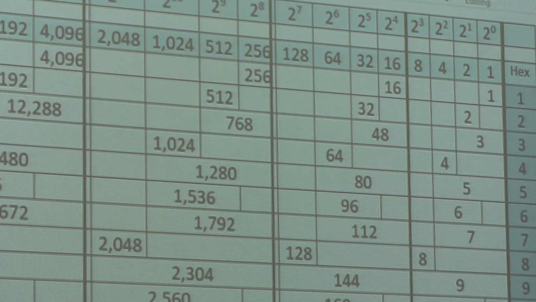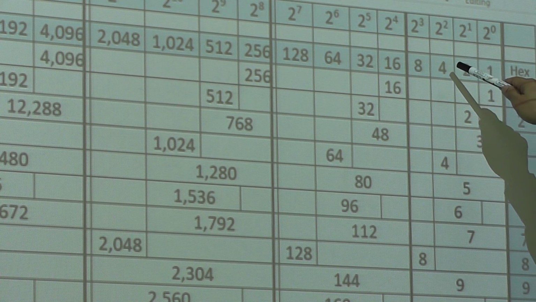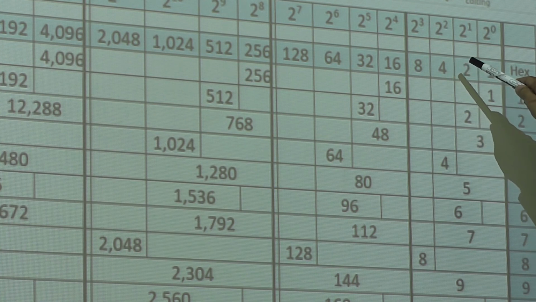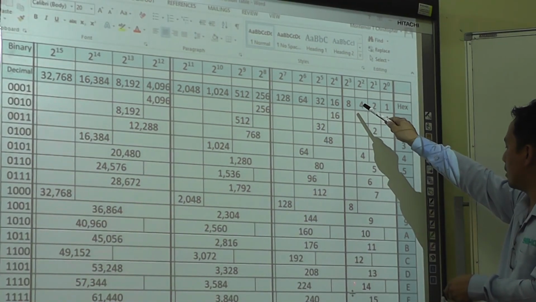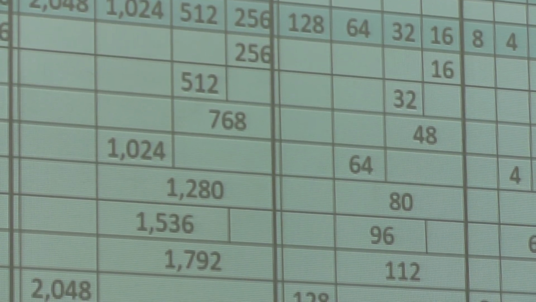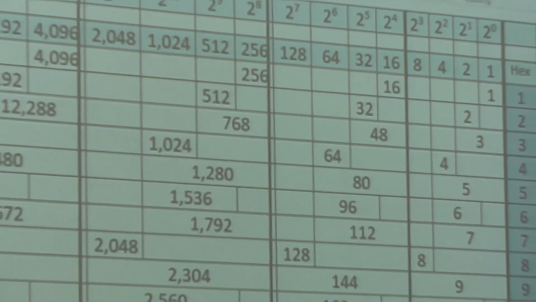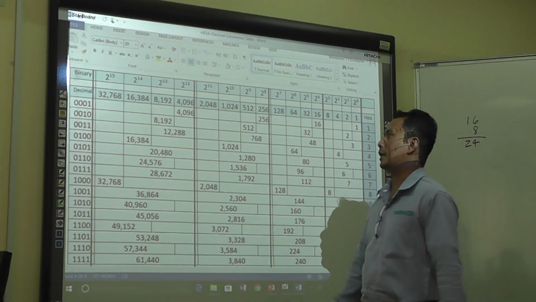If I have to use 12, how will I use the 12? I use 8 and 4. That's why we have 12. How to get 14? To get 14, you have to get 8 plus 4 plus 2 is 14. So this is how we can get this value.